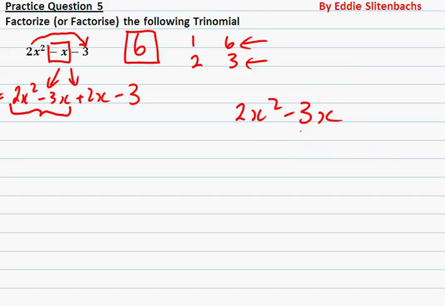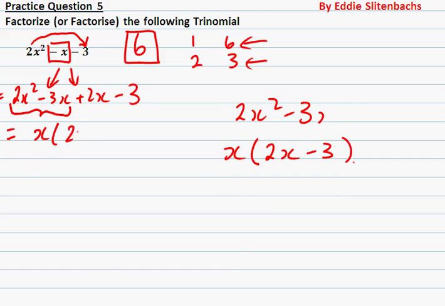The common factor is only x. So x into 2x squared gives me 2x, and x into -3x gives me -3. Okay.